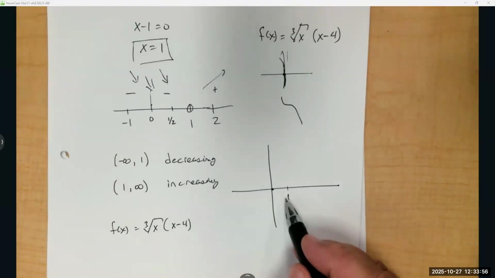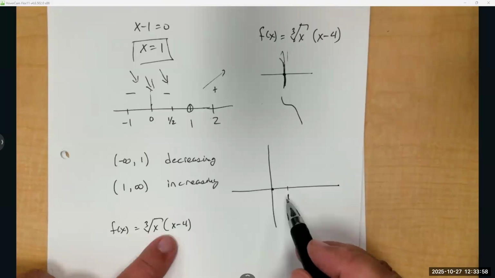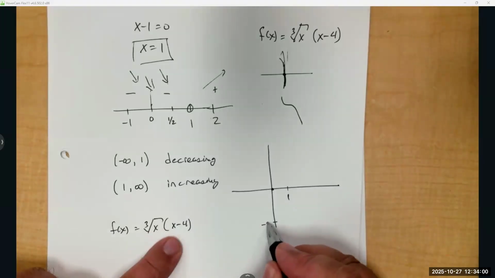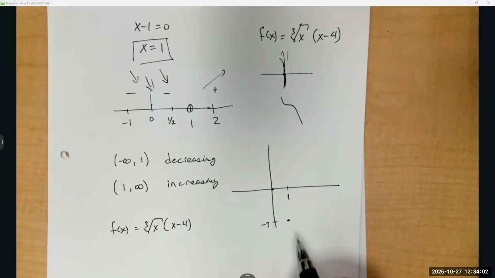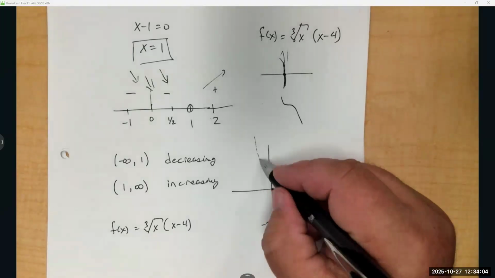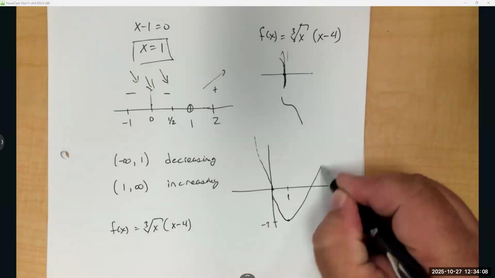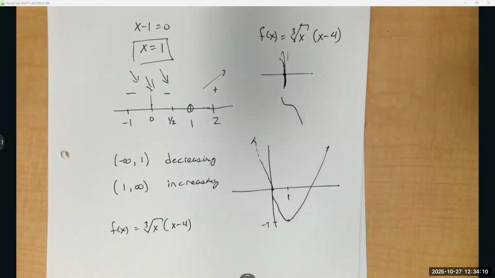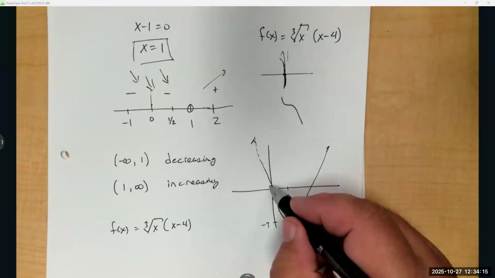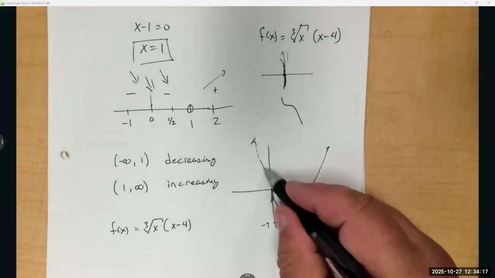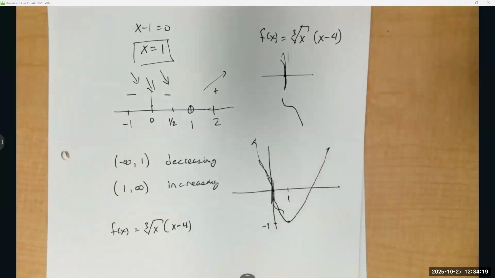So at 1, cube root of 1 is 1, 1 minus 4 is negative 3. We have our vertex there. We know it's decreasing, has to be a vertical line there. The graph will look something like this. But here it's a vertical line, and it goes on both sides.